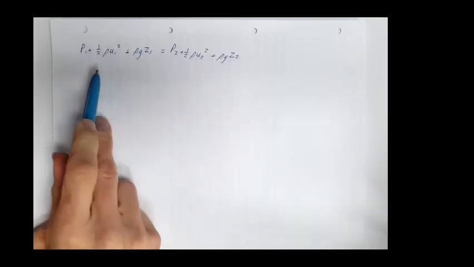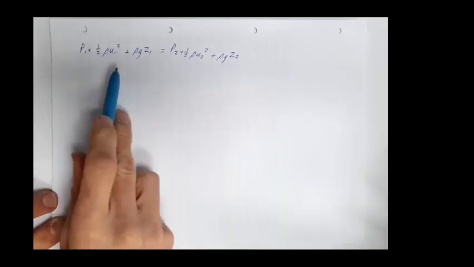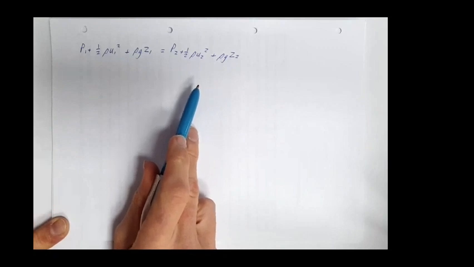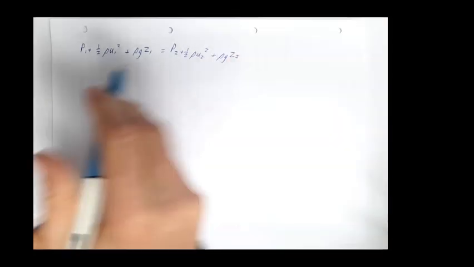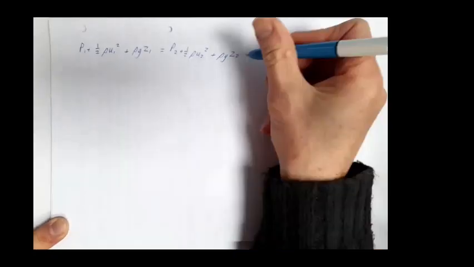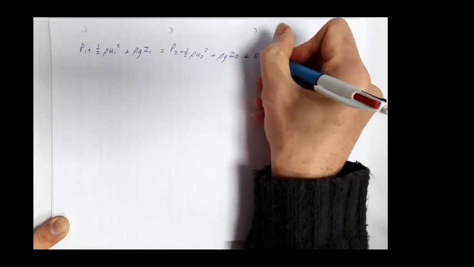So the energy at position 1 is the same as the energy at position 2, assuming zero energy losses. But if we are interested in the magnitude of those energy losses, the energy at position 1 is going to be the same as the energy at position 2 plus our energy losses on the end here.